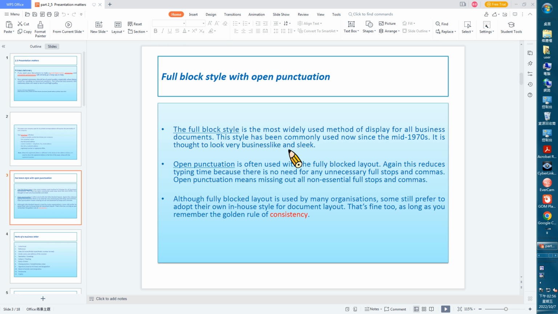Although full block layout is used by many organizations, some still prefer to adopt their own in-house style for document layout. That's fine too, as long as you remember the golden rule of consistency.